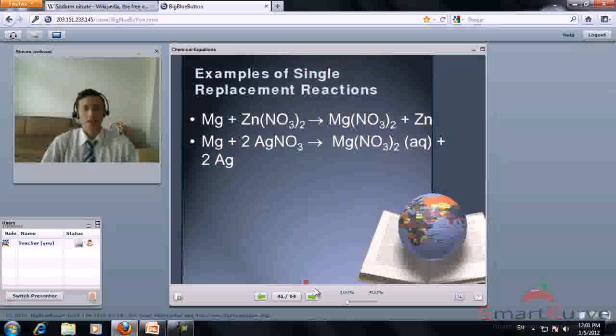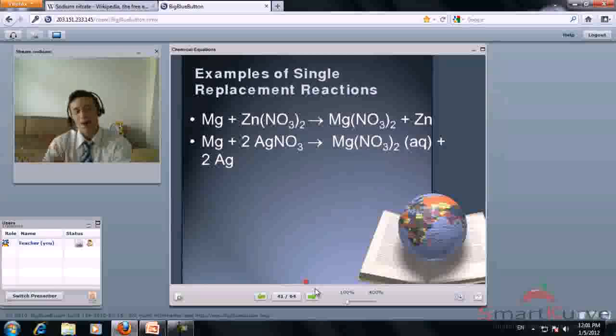Single replacement. Let's look at an example of that on slide 41. We have Mg, magnesium, plus zinc nitrate yields magnesium nitrate plus zinc. So magnesium and zinc are going to be our 2 ladies there, and the nitrate will be like our playboy.